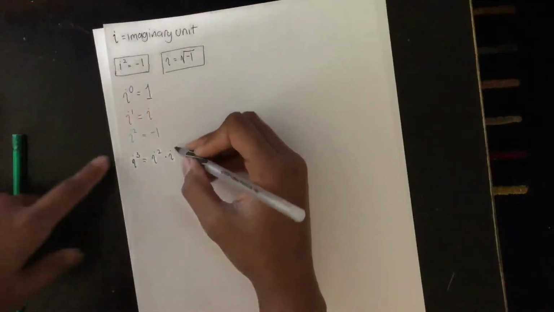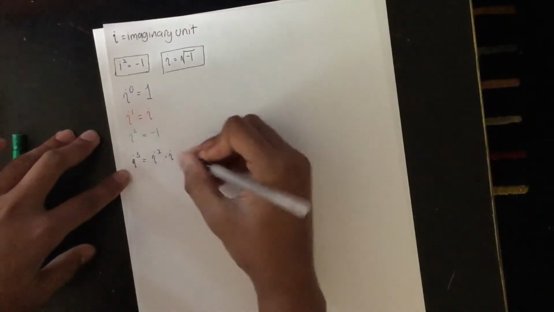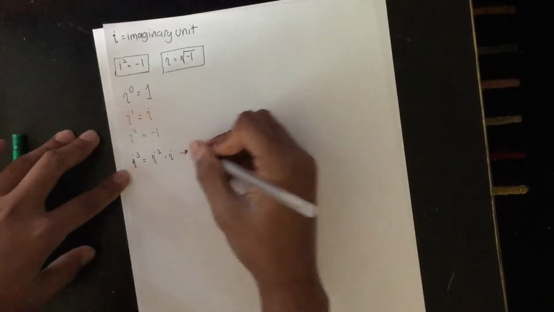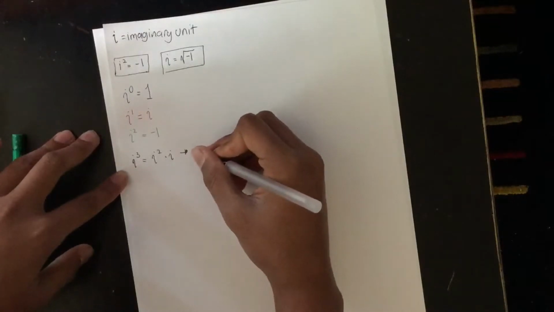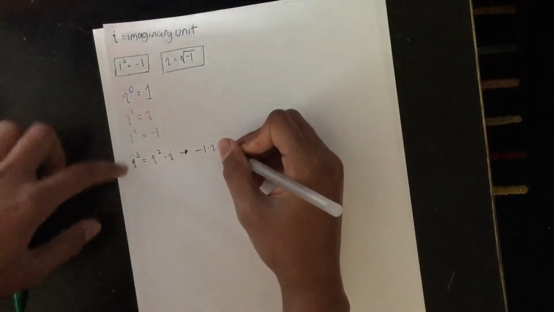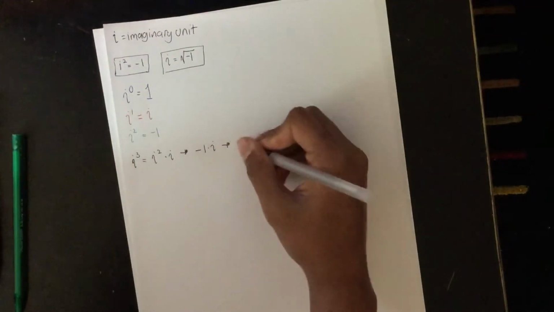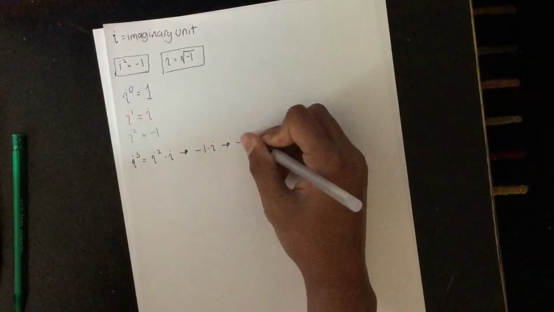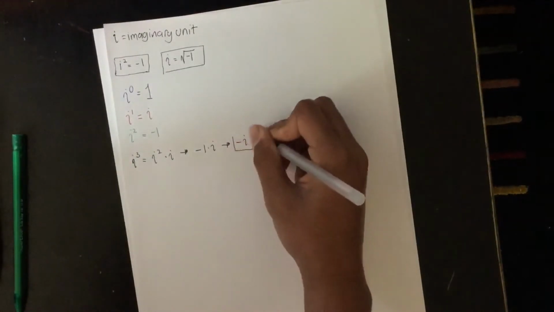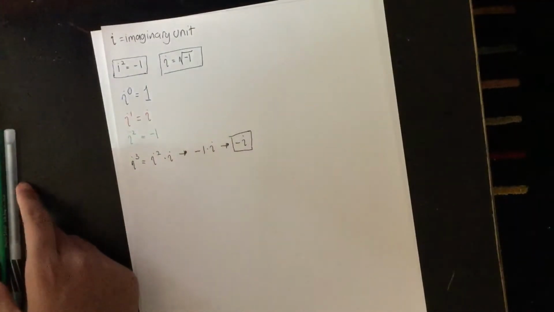We know that i to the power of 2 is equal to -1, so to make this simpler, I would say -1 times i, which is equal to i to the power of 3. Simplifying, it is equal to -i. So the final answer for i to the power of 3 is -i. That's from 0, 1, 2, 3.